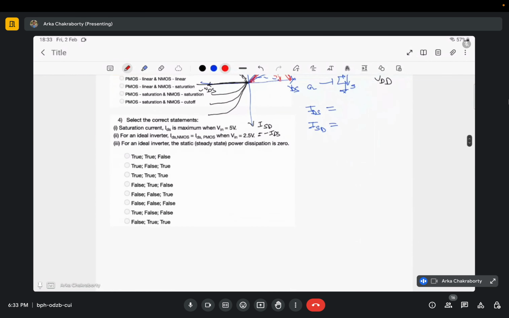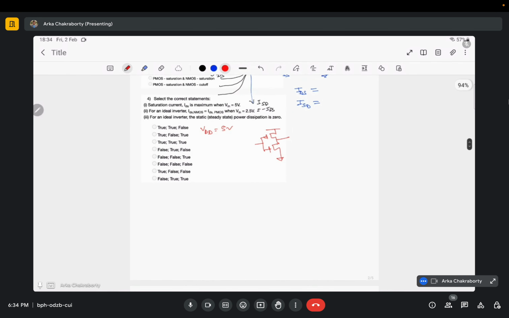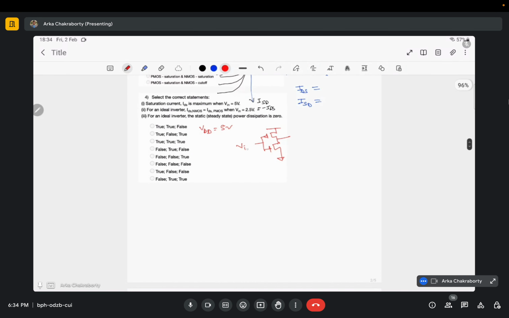They say they have designed a CMOS based circuit, and when my V input equals 5 volt, they are saying my IDS is maximum. Saturation current IDS is maximum. Saturation current is an important term here.